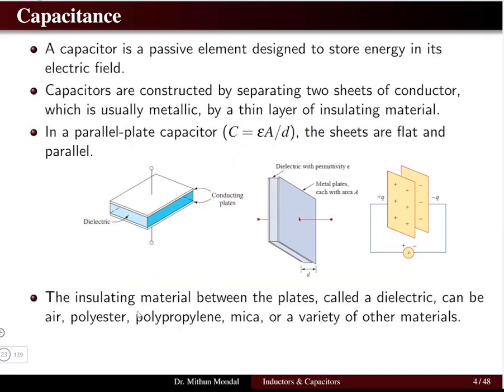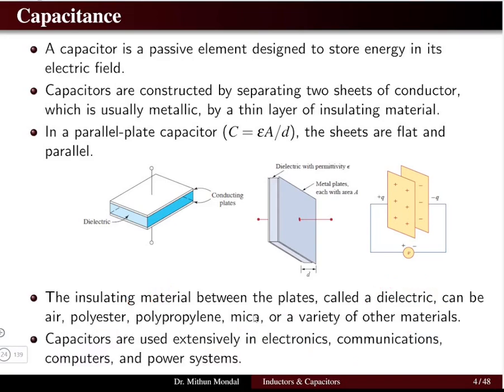The insulating material between the plates is known as the dielectric. Some insulating materials are air, polyester, polypropylene, mica, or a variety of other materials. These types of materials are generally used as the dielectric.